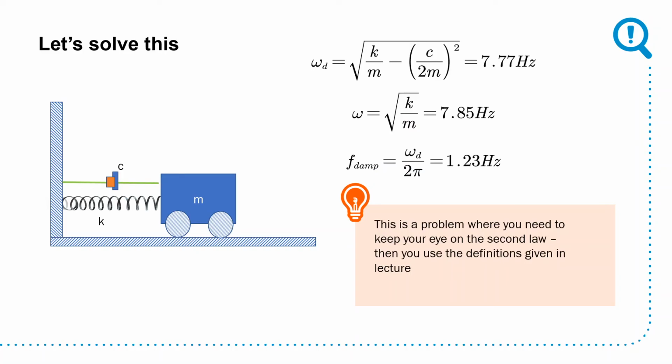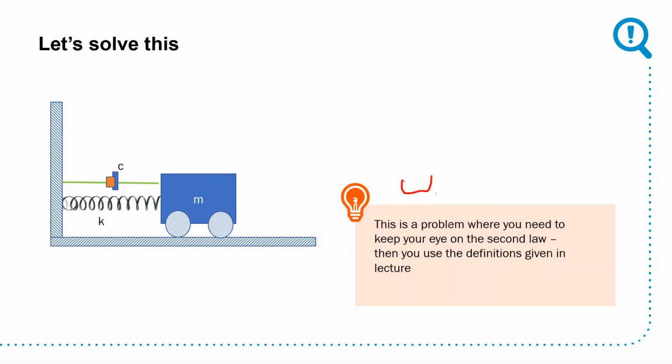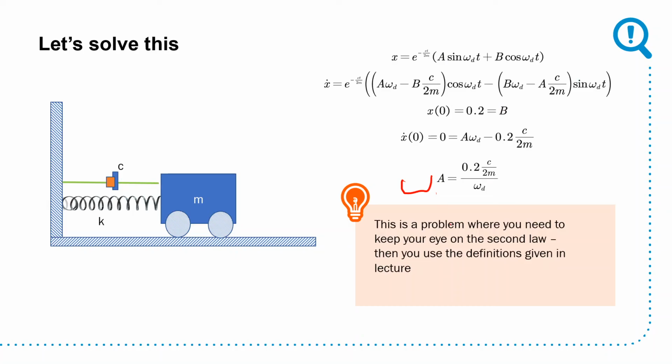So you can calculate the damped natural frequency, you can find omega, and then you can find the frequency of the damping right here, and that's 1.23 hertz. You can do this a number of different ways. I wrote it as a phase lag on the first slide. I'm going to solve it in this form. I realize that can be different for different people, but I just find this easier for me to do solutions with.